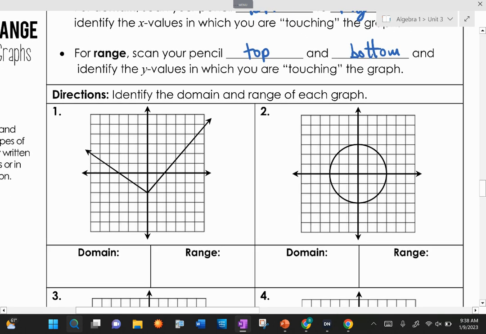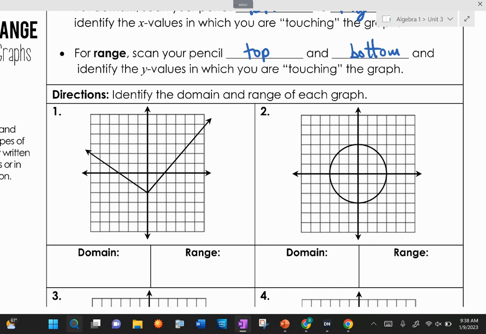Okay, and then we're going to be writing these in some different kinds of notation. We don't really need to talk about them yet, but notation, again, is just the way that you write your answer. Okay, so let's look at number one. If we scan from left to right on number one with your pencil, everybody do it, start on the left. As you scan across, you see the first little arrow pointing to the left.